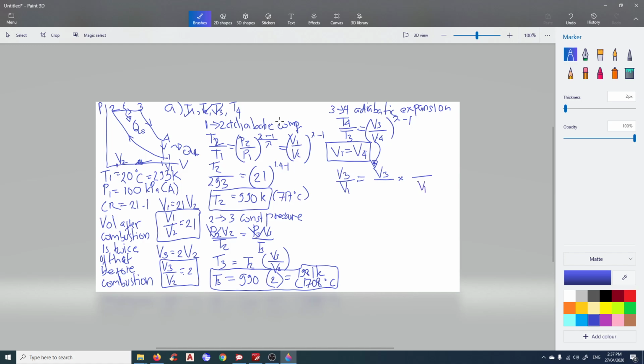It's technically still the same, V3 over V1. But how about we divide this by V2, and then we'll put V2 here. So V2 cancels. The final result is still V3 over V1. That correct?